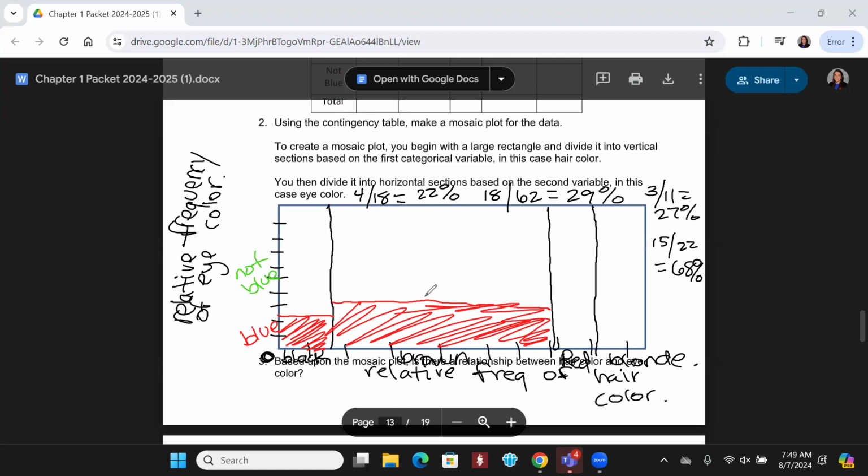How much do we have for the red that were blue-eyed? Oh, 27%. Okay, and then what about blonde? 68%.